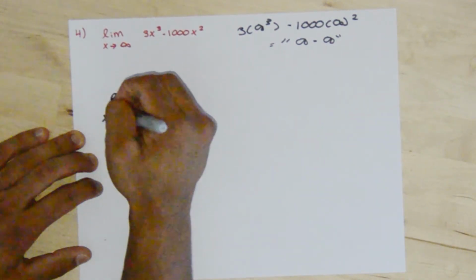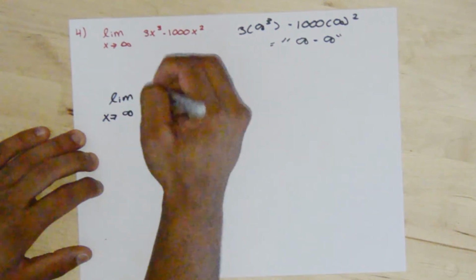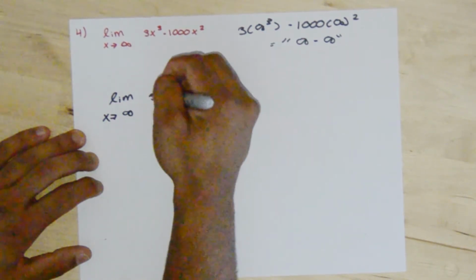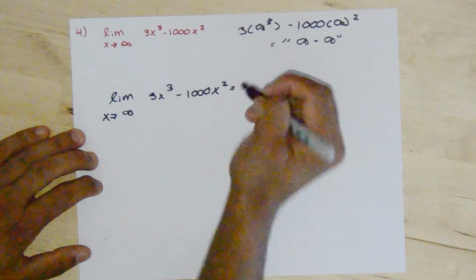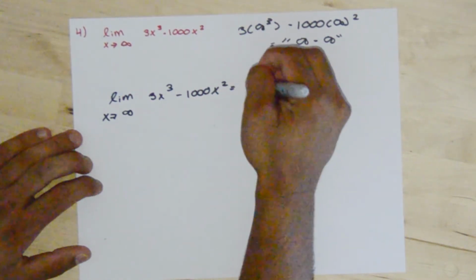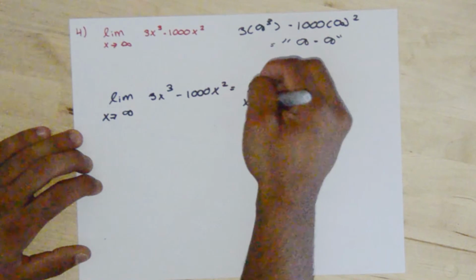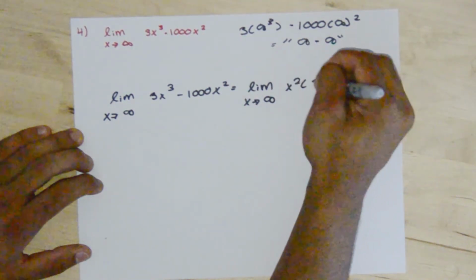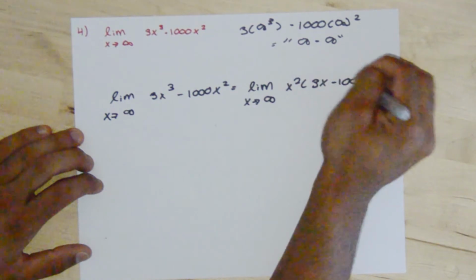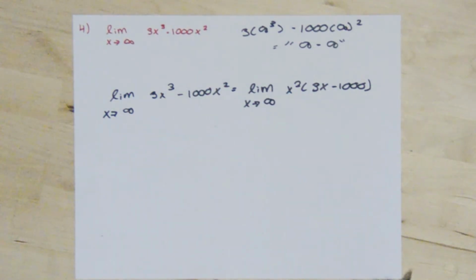So we get the limit as x approaches infinity of 3x cubed minus 1000x squared. If we take out the x squared, we get the limit as x approaches infinity of x squared times 3x minus 1000. At this point, we can't do anything.